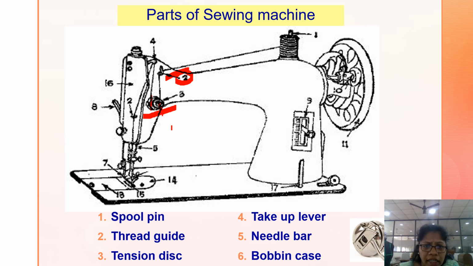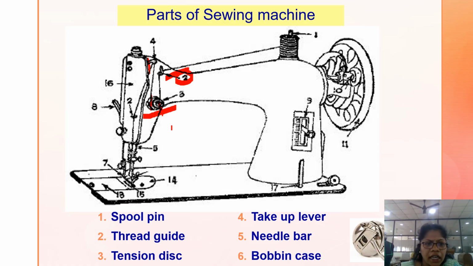The next one is the take up lever. Here it is, the take up lever. If you observe very closely, one end of the take up lever has a small hole through which the thread passes. Whenever the lever moves down and up, the stitch is automatically formed.